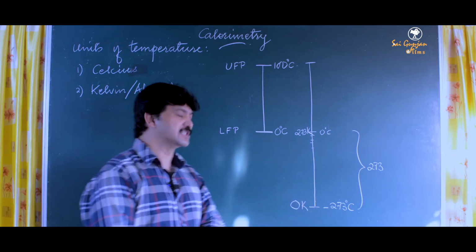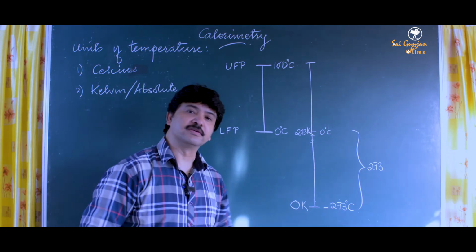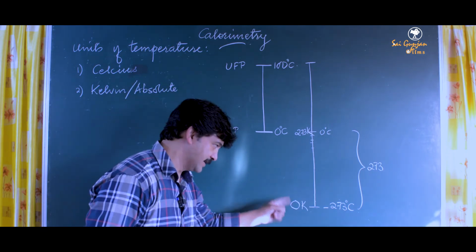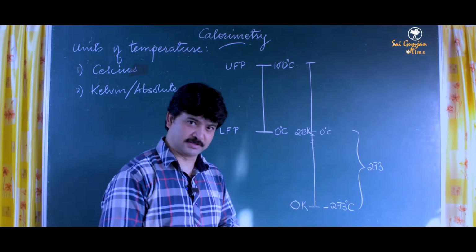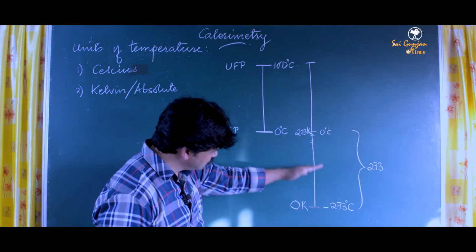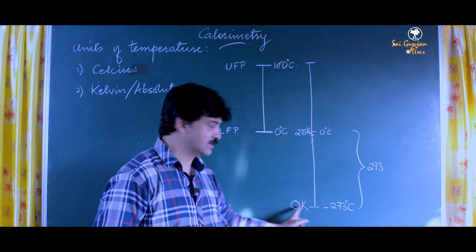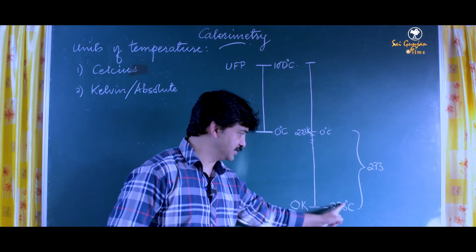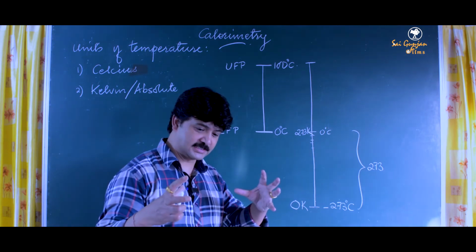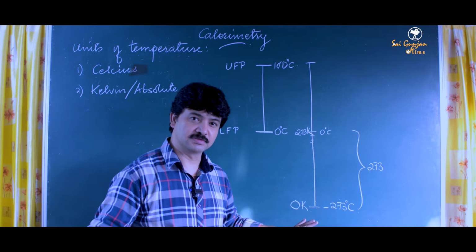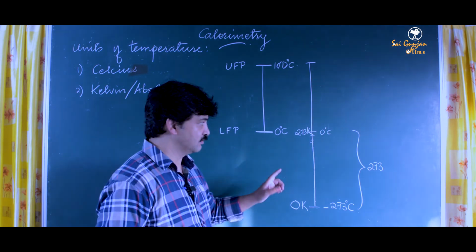Another very interesting and important thing for you to remember is this. When the temperature of any mass of a gas is reduced to 0 Kelvin or minus 273 degree Celsius, the volume of that gas will become 0. Why does that happen?